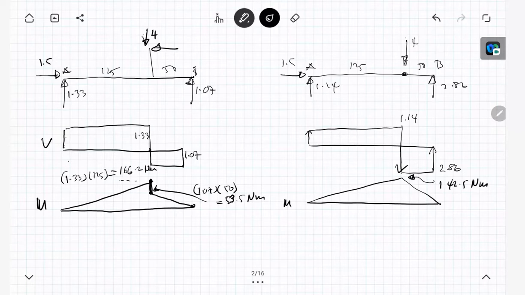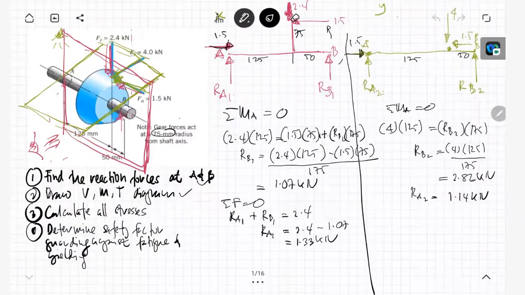Okay. So for the torque, if you look at the torque that you have, the torque is this one. This is a torque.